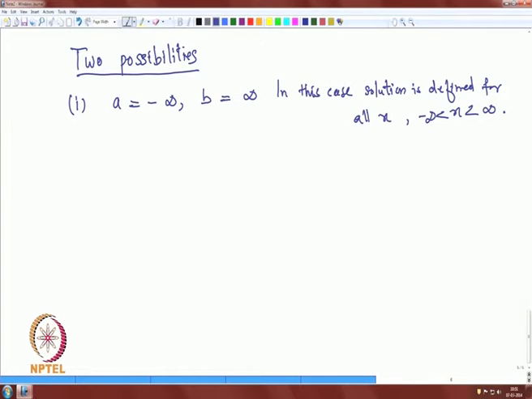So, this is one of the possibilities, that the solution can be extended both to right and to left, so that the solution is defined on the entire x axis. Now, the second possibility is either a is finite or b is finite, or both are finite.